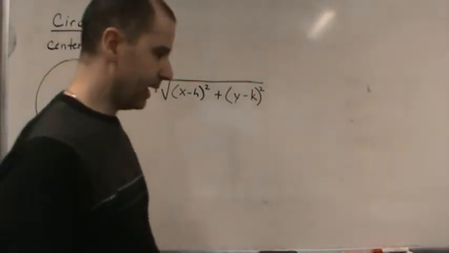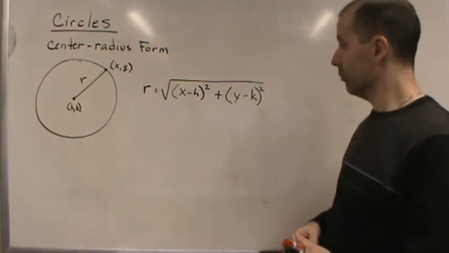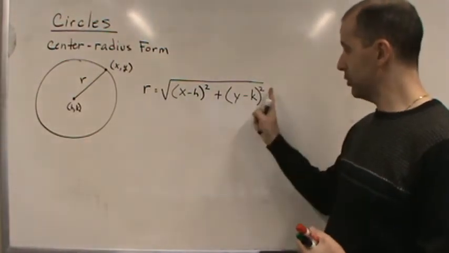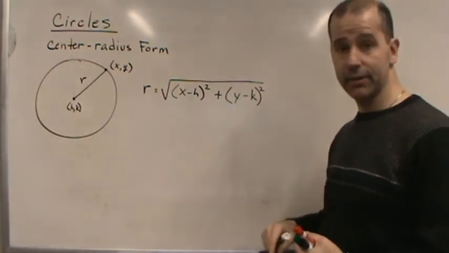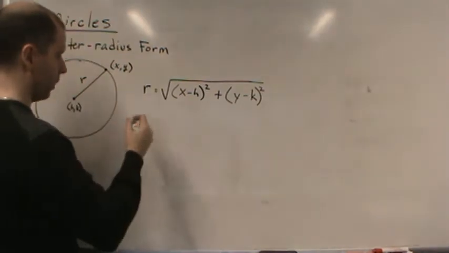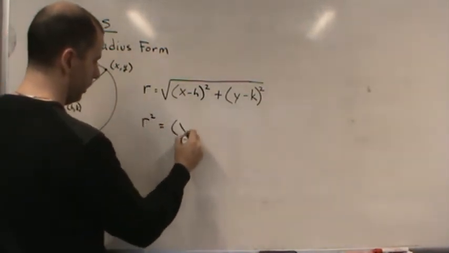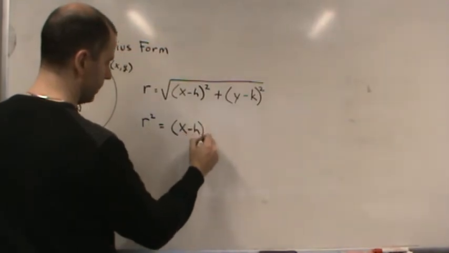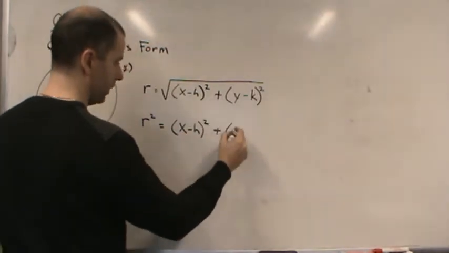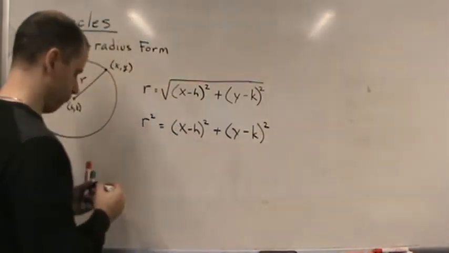In this case, we've got it in this form. Now all we have to do is square both sides, and we're done. If I square both sides, we get r squared equals (x minus h) squared plus (y minus k) squared.